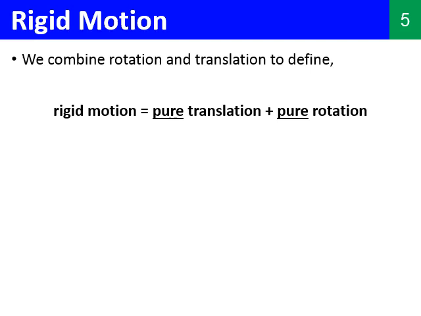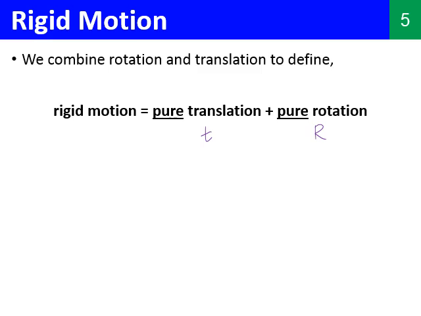Rigid motion is a combination or a union of translation and rotation. Here you can see it says pure rotation and pure translation. So this one is, let's say, T, and this one you can call capital R. So what does it mean by a pure translation and pure rotation?